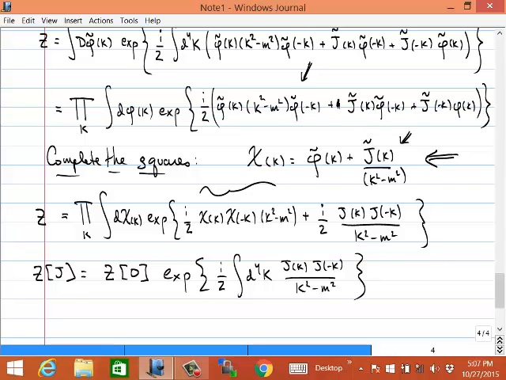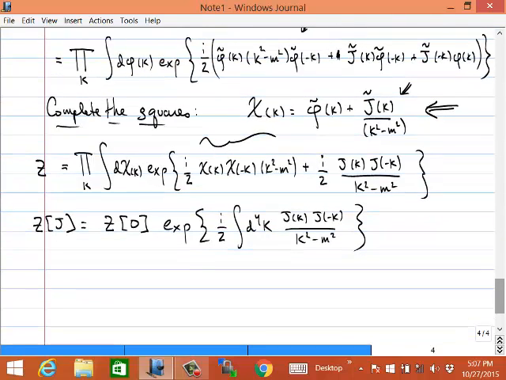So here we've written our answer for the partition function of a free field theory in terms of the Fourier transformed variable, the j tilde. If you wanted to write this in terms of the original variable, you should do the Fourier transform back. So you should let j of k be the integral d4x e to the minus i kx, j of x.